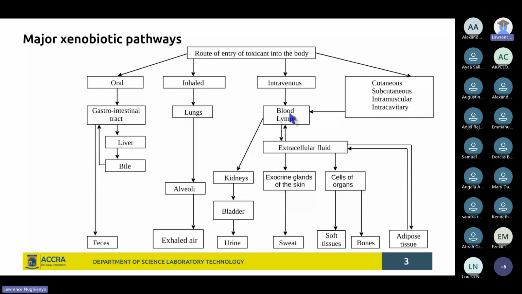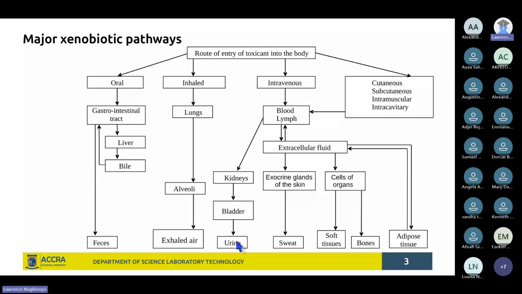From the blood and lymph, you have fluid going into the kidneys, and in the kidneys, you do have a process of filtration, and then you have storage of urine together with the metabolites and the unmetabolized part of the drug in the urinary bladder, and later you have the xenobiotic getting excreted with urine.